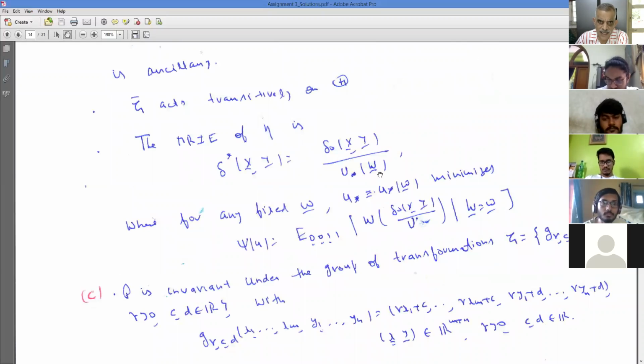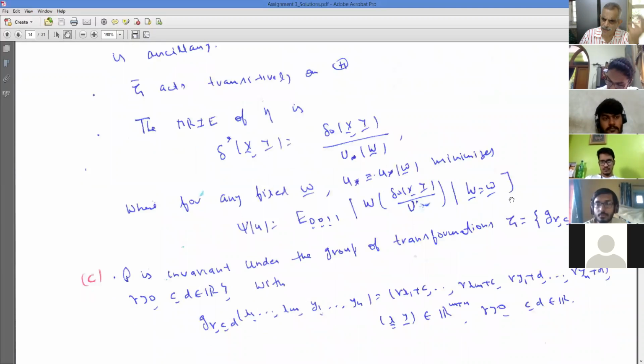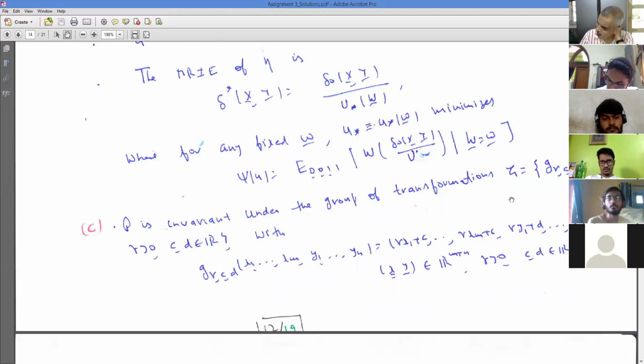So MRE is this, where for any fixed W, U star W minimizes this. So that is what it is. Similarly, you can consider the other cases. Is that okay? Yes, sir. So it's very algorithmic. There is nothing very conceptual after some time if you have understood the principle of invariance. Very algorithmic.